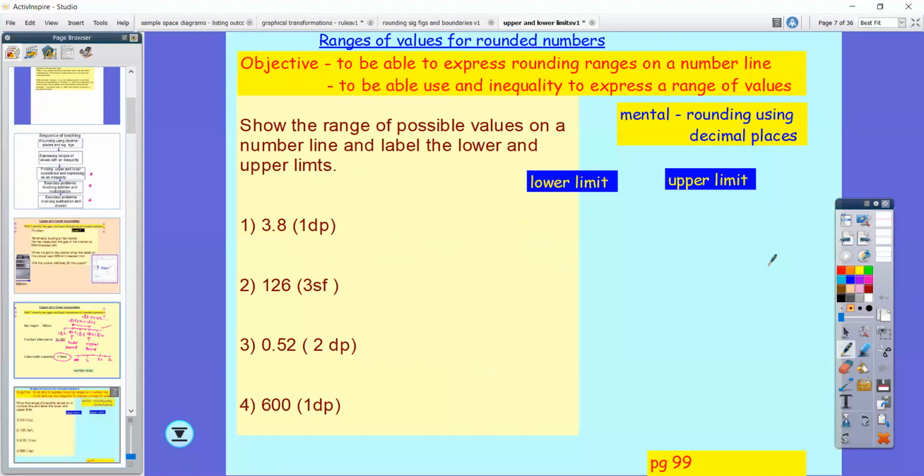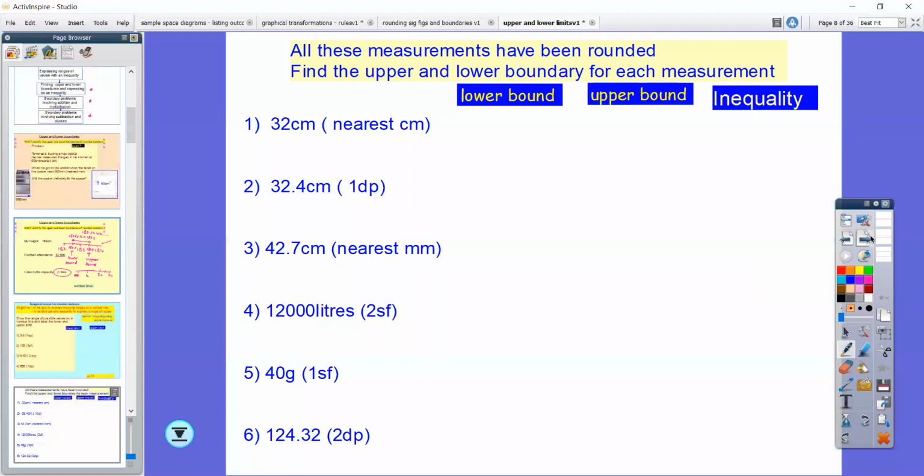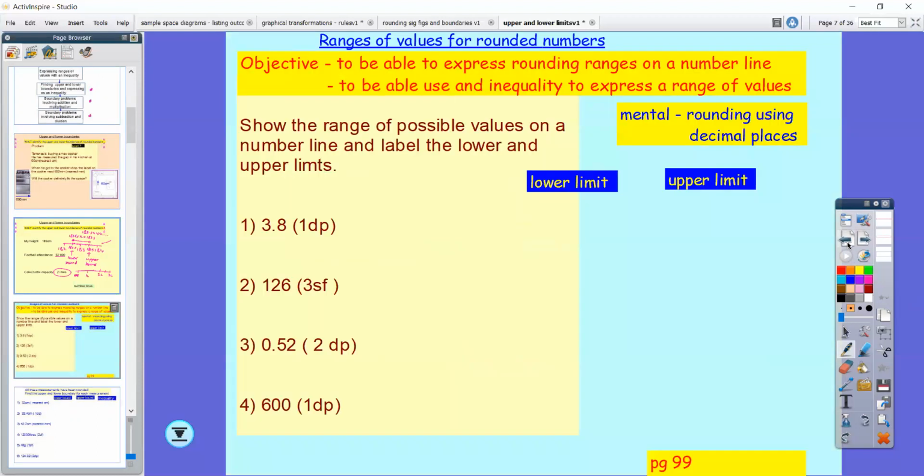Then I give a bit of practice with those: upper limit, lower limit, and inequality. So there's a few of those, and this is how I get them to lay it out. And I'm asking for them to use the diagram as well. So I expect them to have a diagram there. Here, show the range of possible values, a number line labeled with lower and upper limits or bounds. I suppose boundaries is probably what I'd go with.